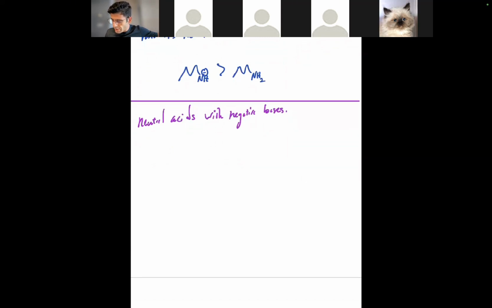Of course not. It has to be negative, because when you're neutral and you lose a bond, you become negative. So there are 4 ways to compare the stability of negative conjugate base.